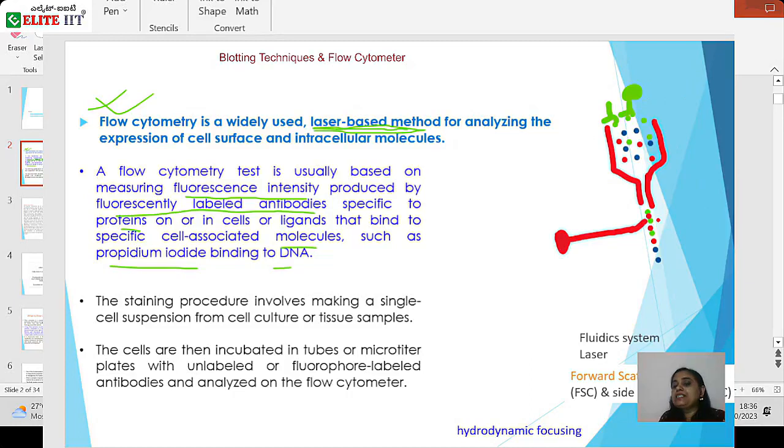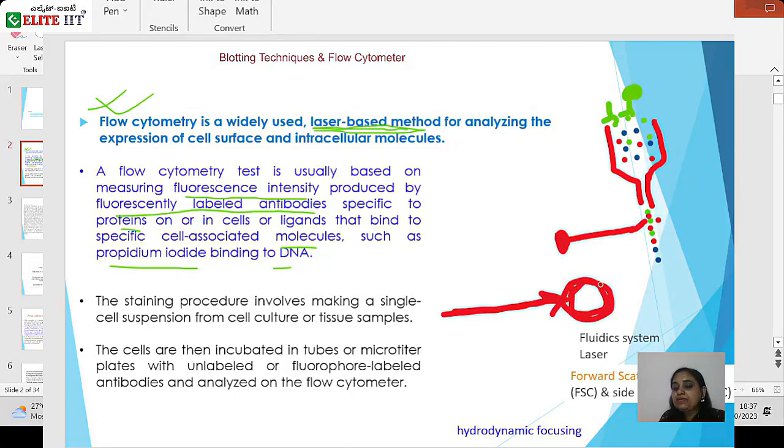After that, there will be light scattering, because whenever light passes through any medium and a barrier comes, for example this particle here, whenever light reaches the surface of this molecule, the light will be scattered.